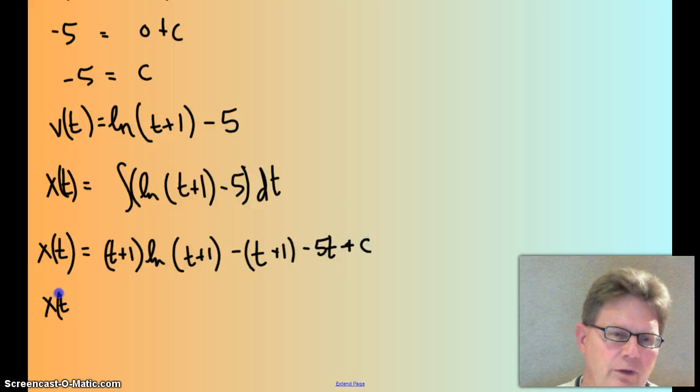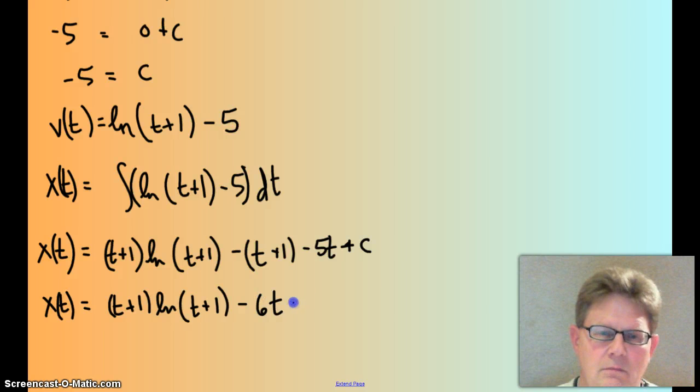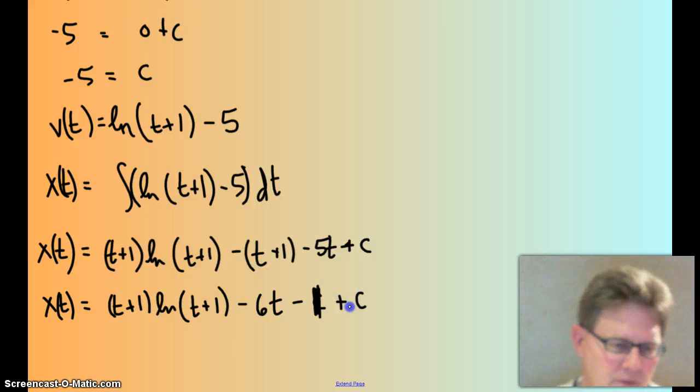Let's clean that up a little bit. T plus 1 times the ln of t plus 1, minus 6t, minus 1, plus c.